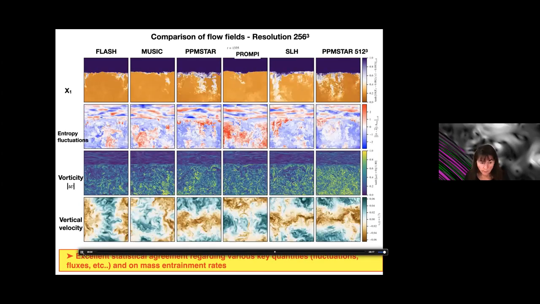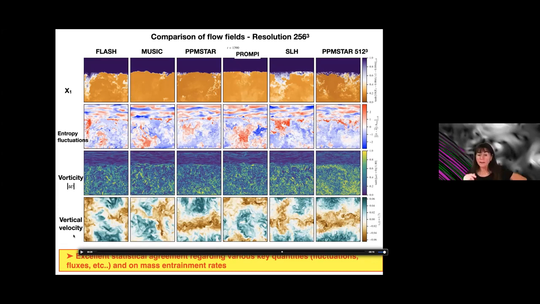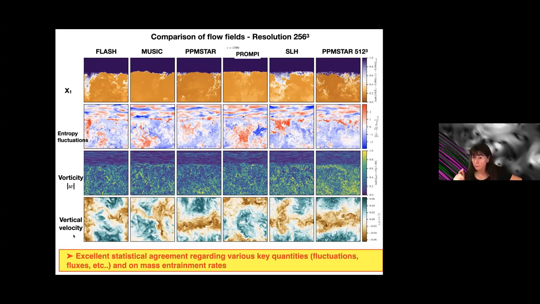There is an excellent statistical agreement regarding various quantities, for example fluctuations, average fluxes of kinetic energy, of heat, of entropy, and also the mass entrainment rate, which is very important because this is what you need to do the 3-to-1 link. So I think that's a very good result to know that from a statistical point of view, all those different codes converge on a complex problem of turbulent convection.